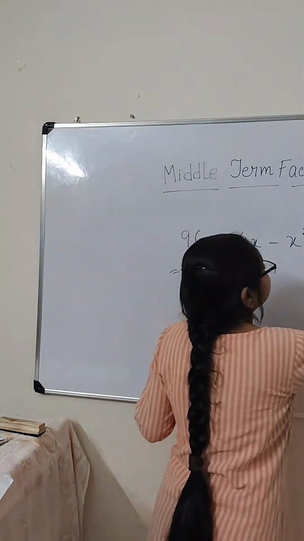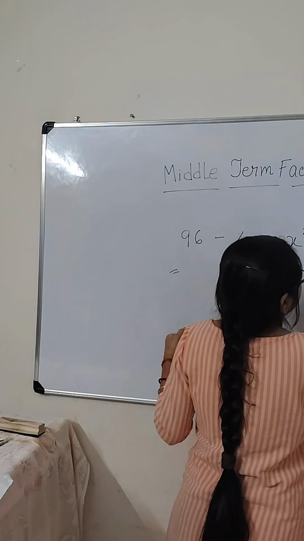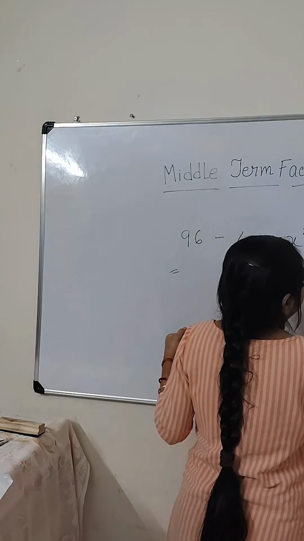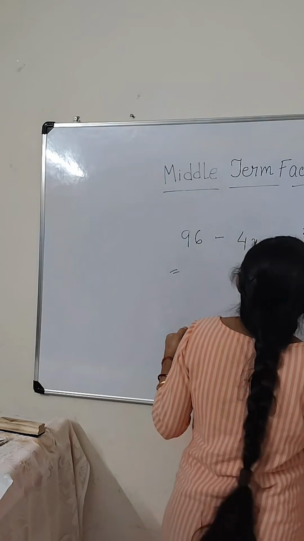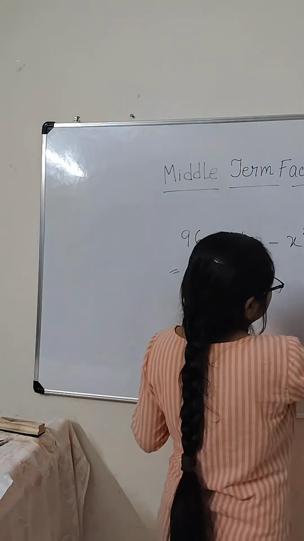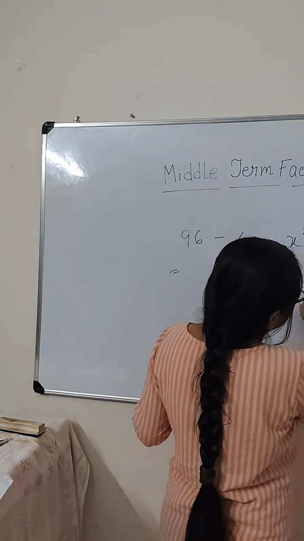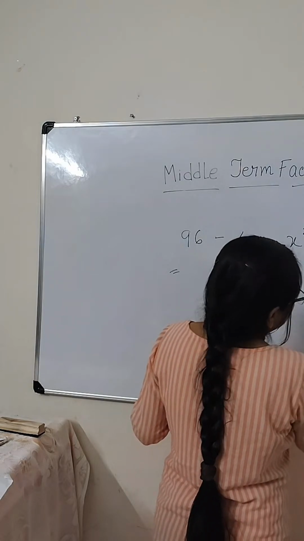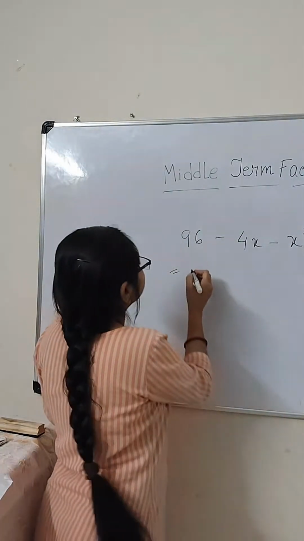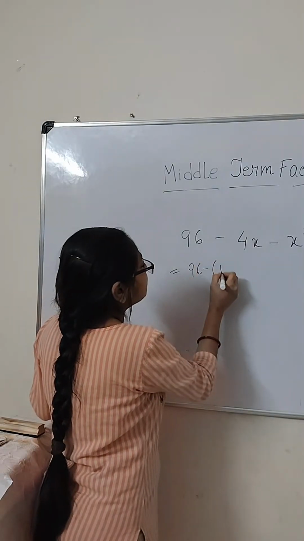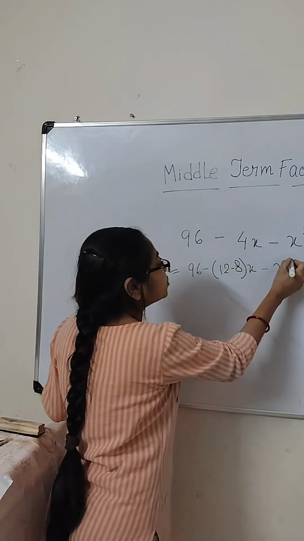Now I start. 12 minus 8. 96 minus 12 minus 8x minus x square.